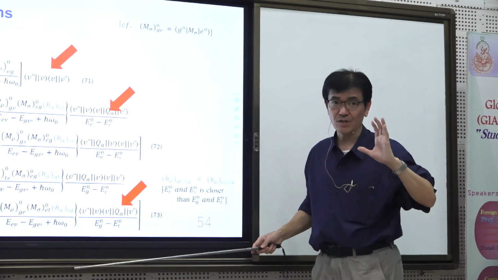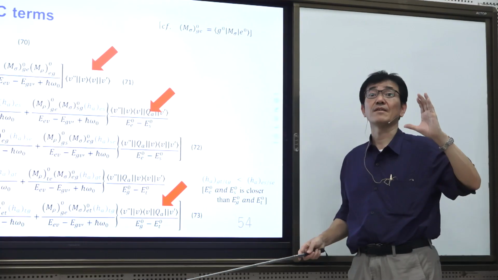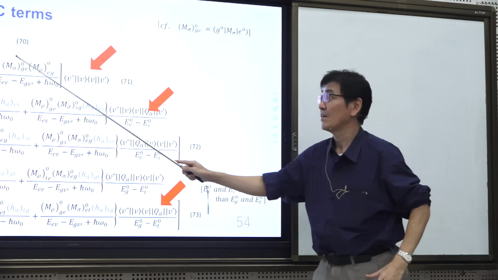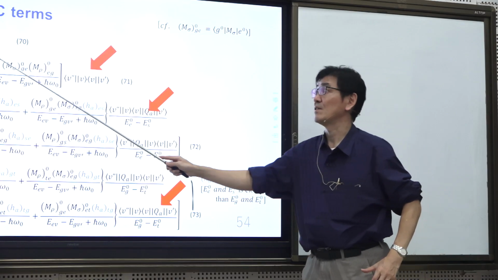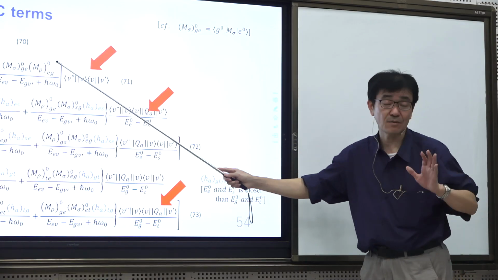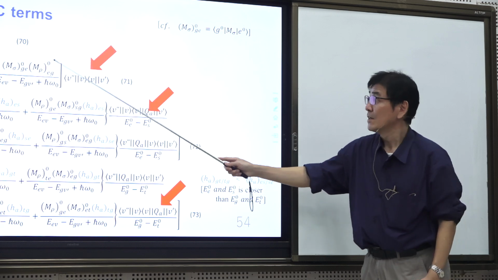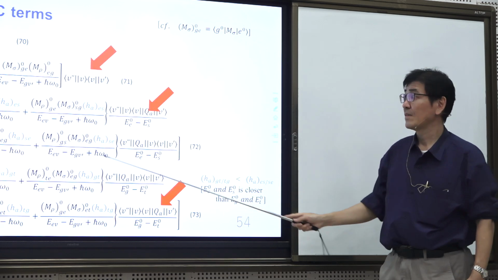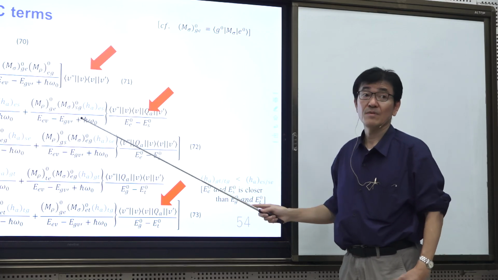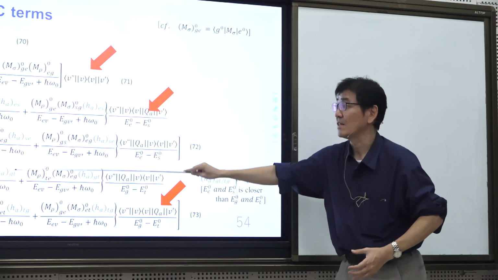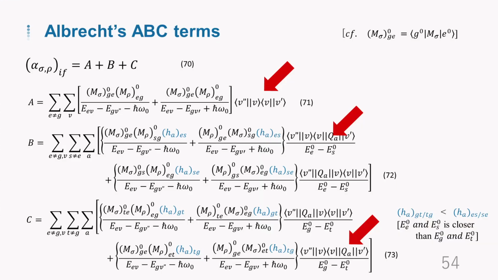The electronic wave function is mostly explained by the original wave function, so this is the largest. This is a leading term in the Raman scattering in most cases. It depends on the symmetry, but anyway, this is the largest contribution. The mixing wave function is rather small, so B and C are relatively small, smaller than A.